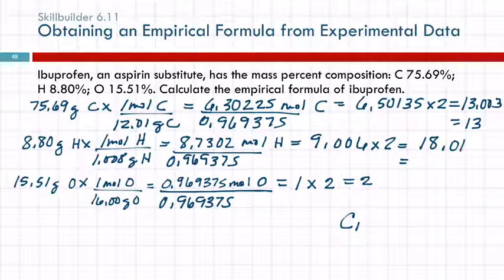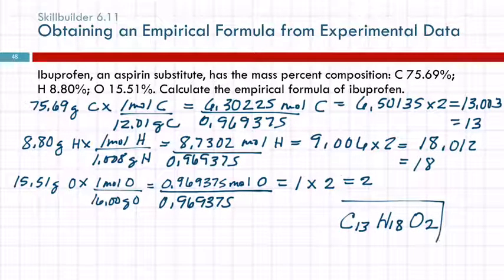Okay, 18.012. We're going to call that 18. That's better. So we've got 13 carbons, and we have 18 hydrogens, and we've got 2 oxygens. And there's our empirical formula.